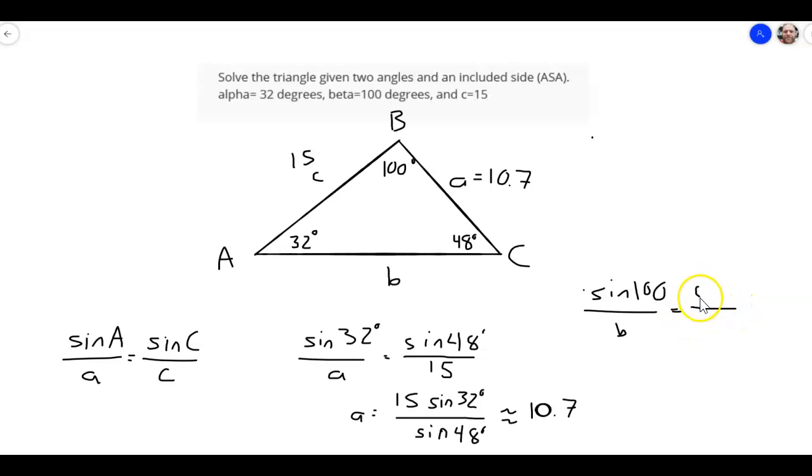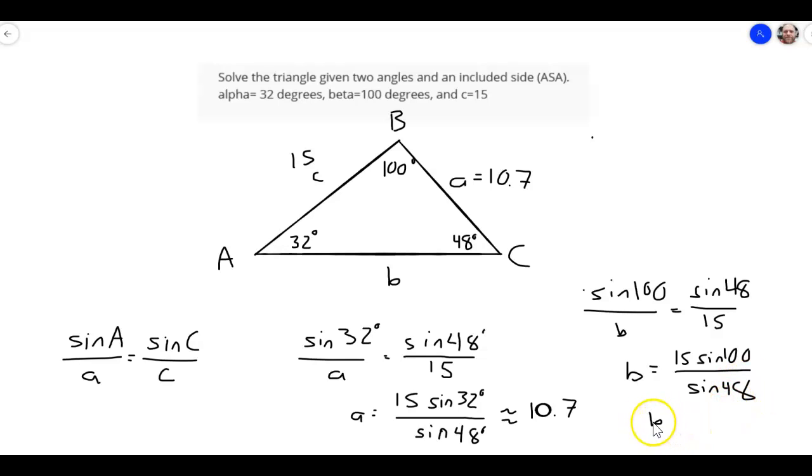So this is going to be sine of 48 over 15.